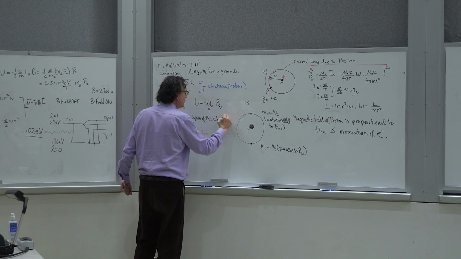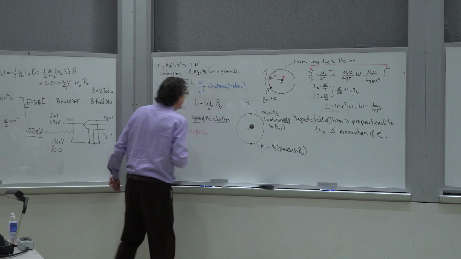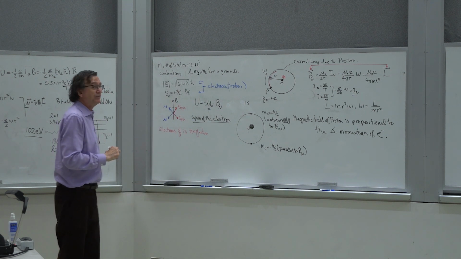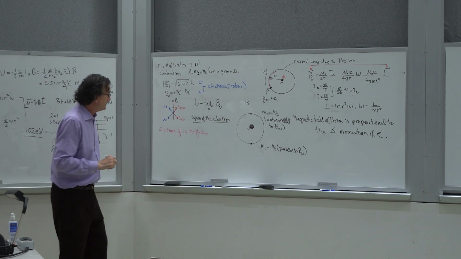And we're going to look at that a little more carefully in a minute. But that is due to the spin of the electron, not the orbital angular momentum. Okay?